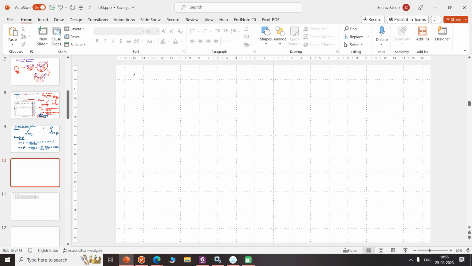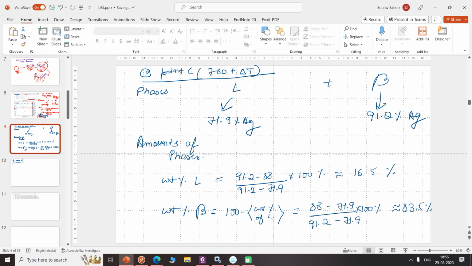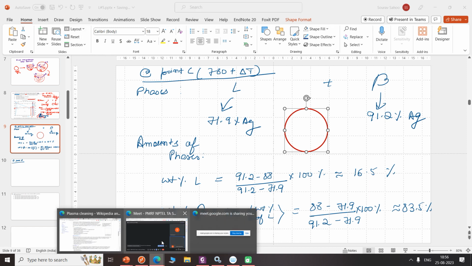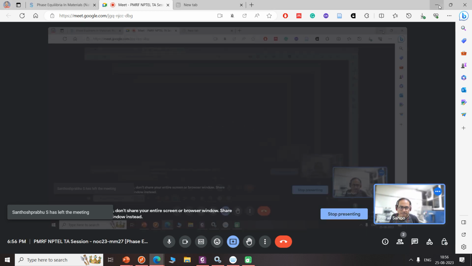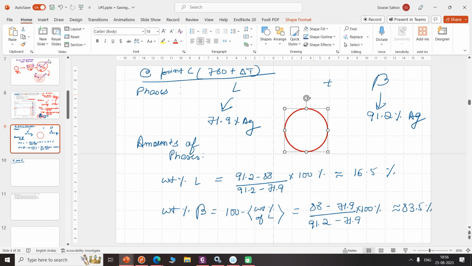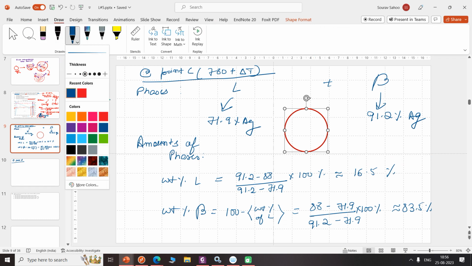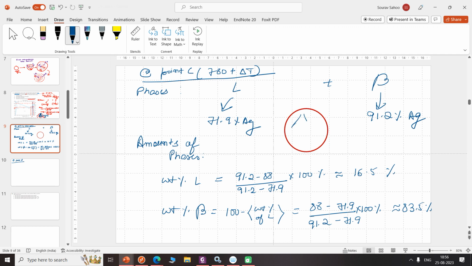So at point D, by the way, I have to draw this phase field also. This is how it will look like. We have beta that is precipitating out, but we have a very small amount of liquid as well.